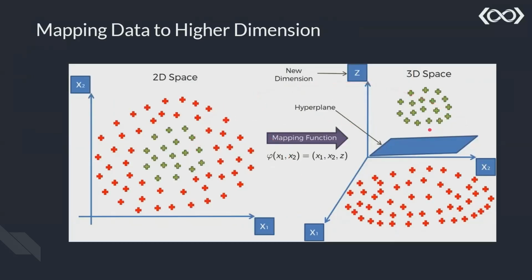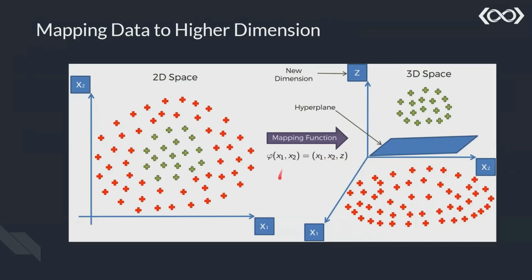Using the mapping function, which takes my 2 features and returns some value which will be my 3rd dimension, I'm able to plot this in a 3D space. So z is the result of my mapping function. Now I'm using a hyperplane, or since we are in a 3D space, I would like to call it a plane. Using a plane, we can easily classify: whatever is to the positive of this plane is green, whatever is to the negative of this plane is red.